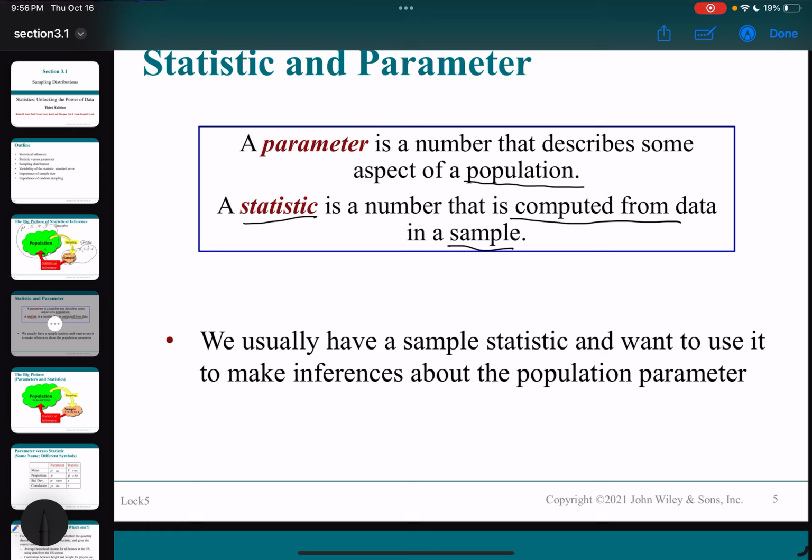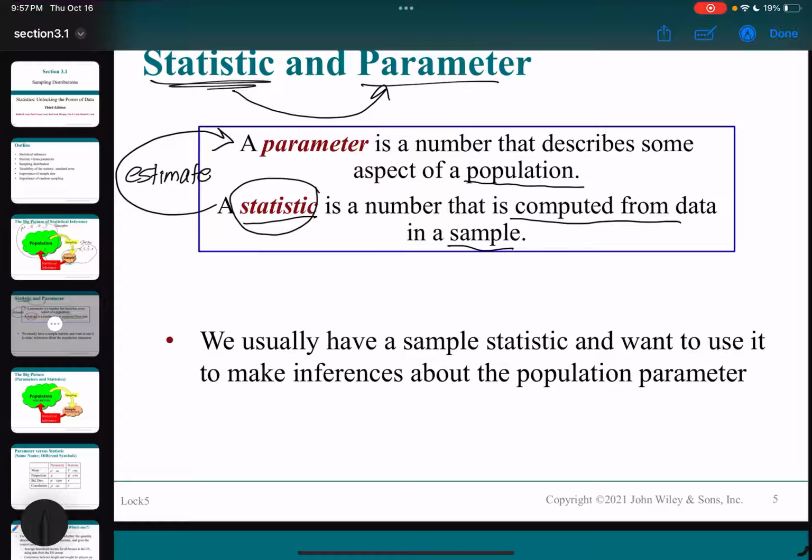So what we do here is simply use these statistics to estimate these parameters. That's what we do in this entire chapter 3. We simply use statistics to estimate parameters.